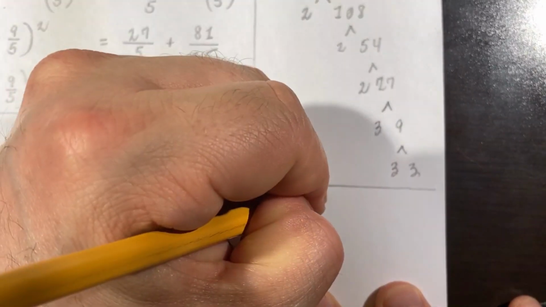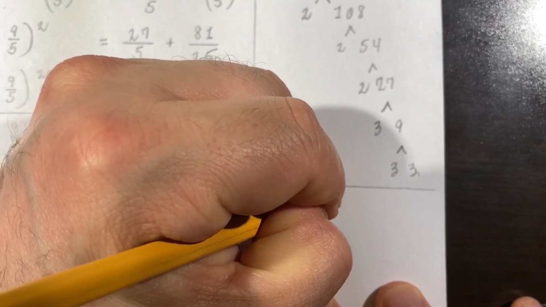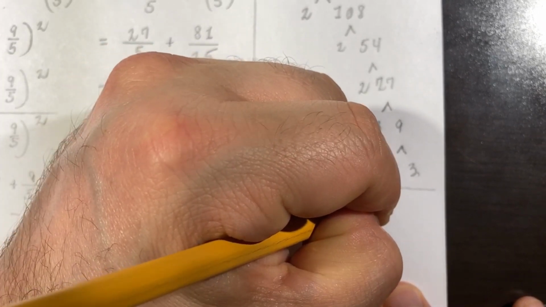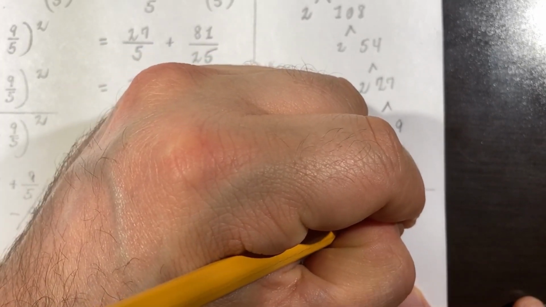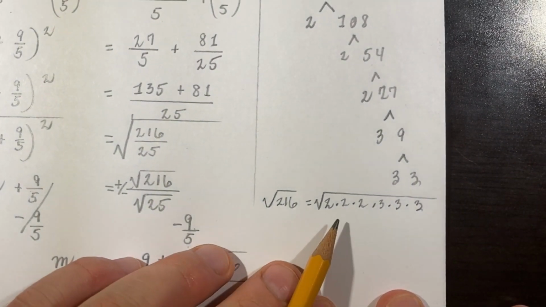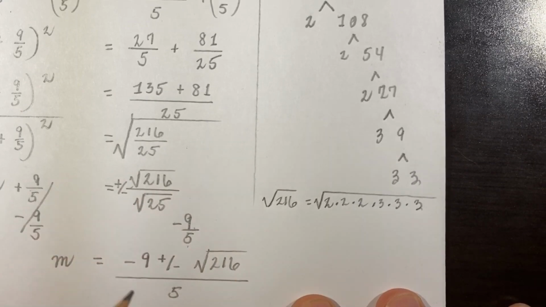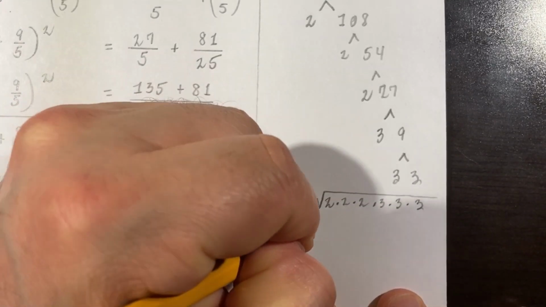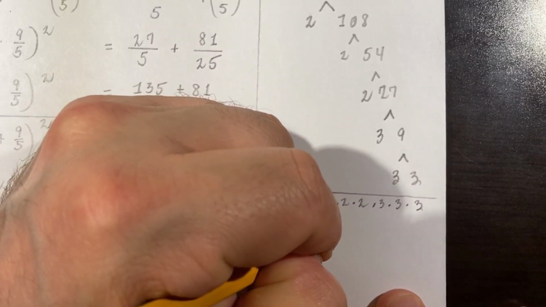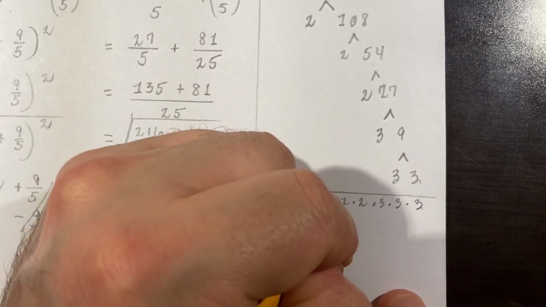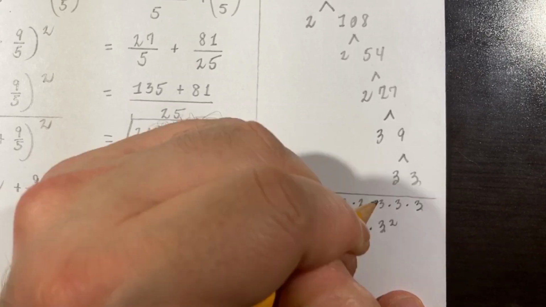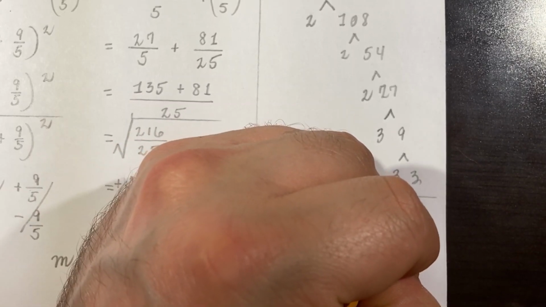So that's 2 times 2 times 2 times 3 times 3 times 3. Okay? Well, any pair can come out because we can rewrite this as the square root of 2 squared times 2 times 3 squared times 3.